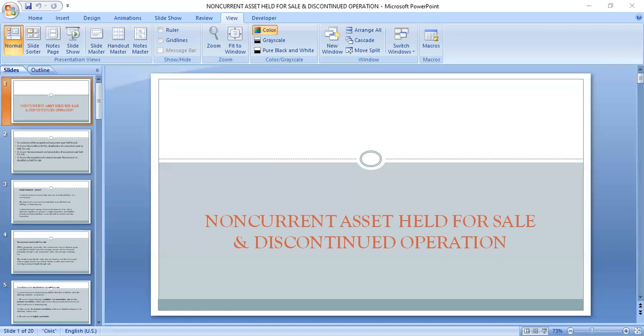Next, we have discontinued operations, again with the following objectives: to understand the concept of discontinued operations, to identify the recognition of discontinued operations, and the presentation of discontinued operations in the financial statements: first, in the income statement, and second, in the statement of financial condition.